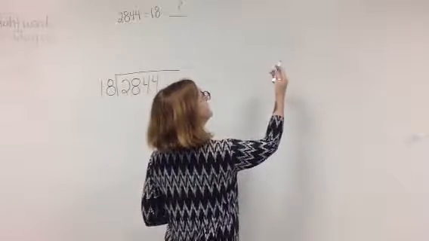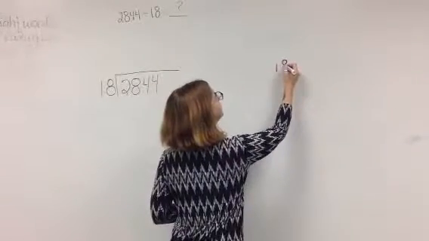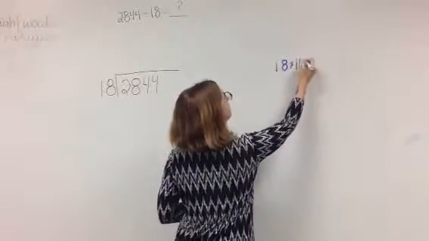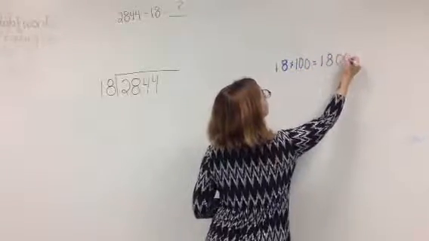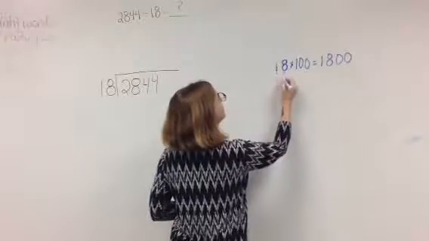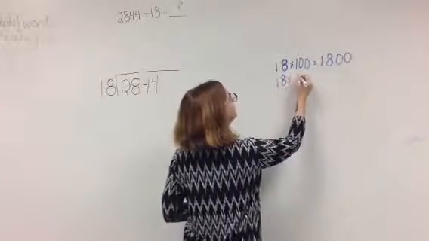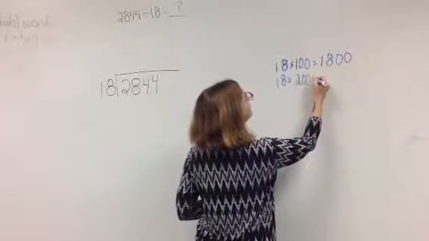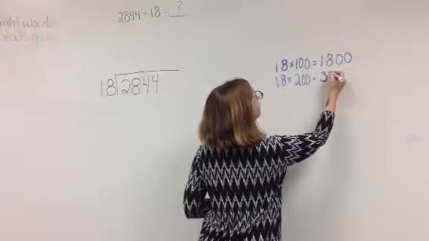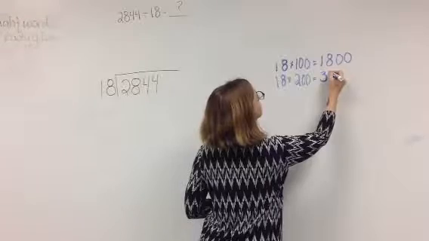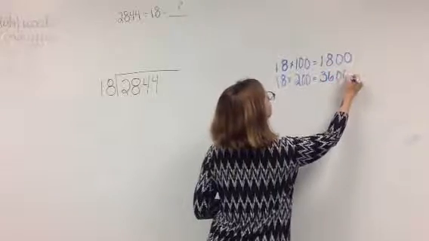So the first thing I'm going to do is say 18 times 100 equals 1,800. Then I'm going to say 18 times 200 is equal to 3,600.